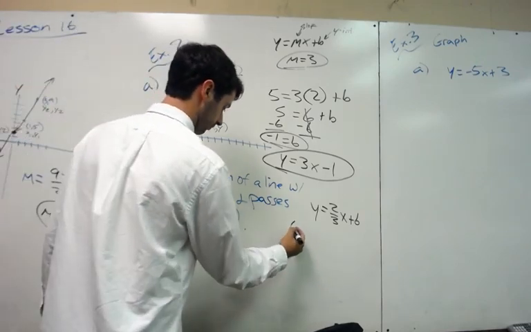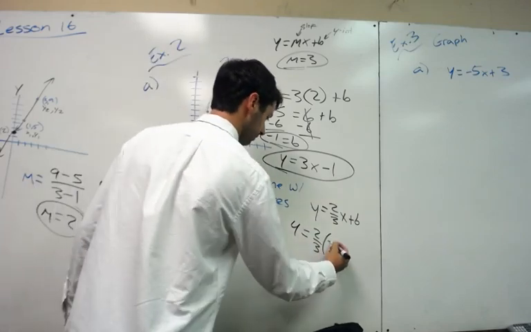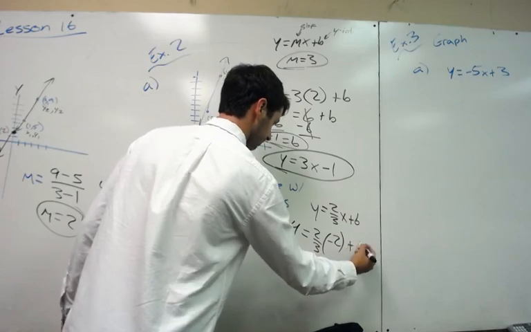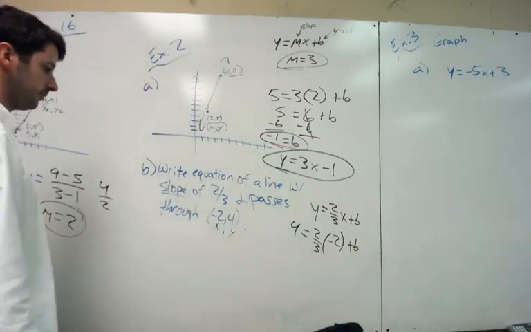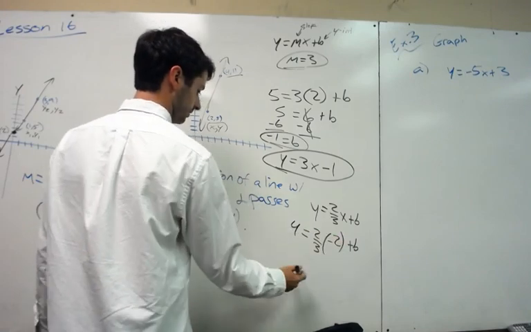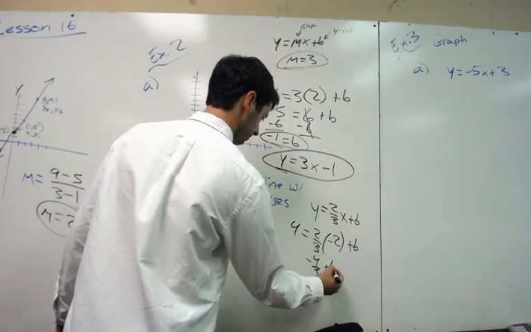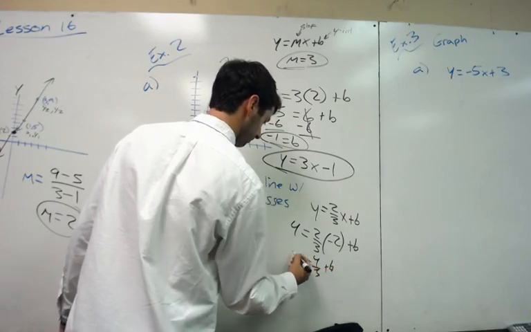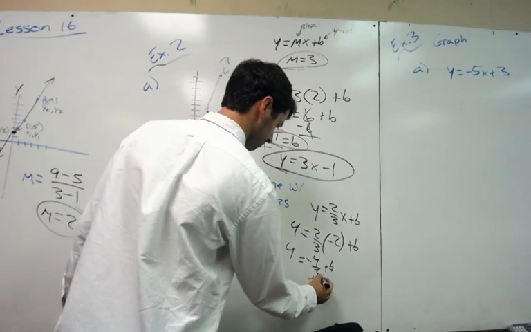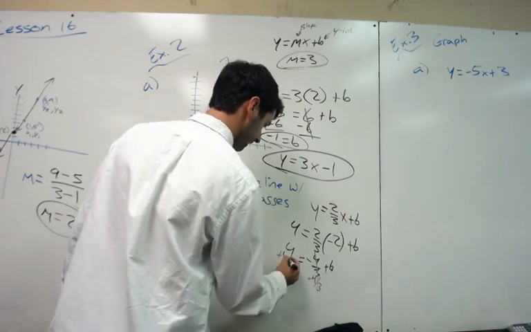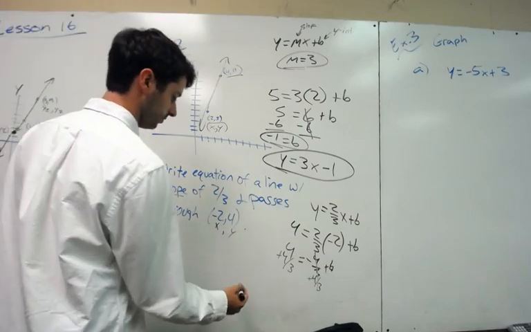So 4 equals 2/3, our x is -2, plus b, and then you would solve. -2 times 2/3 is -4/3, equals 4. Add the 4/3 to both sides. So 5 1/3 equals b.